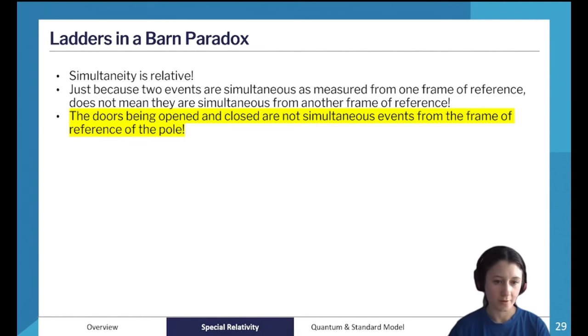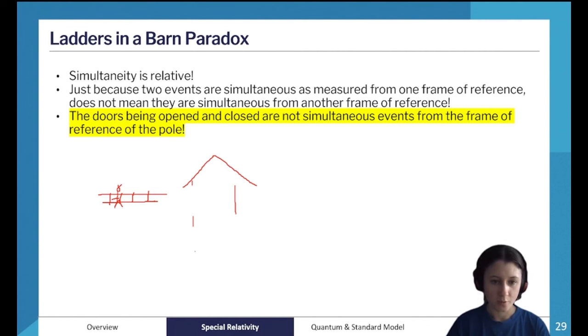Actually, I'll draw a diagram. So she's running in the ladder. Here's the barn. Alright. So when she's running in, this front door is open. All right. She's running in, running in.